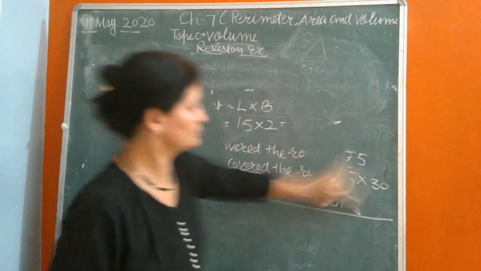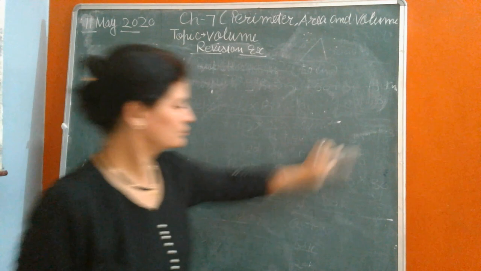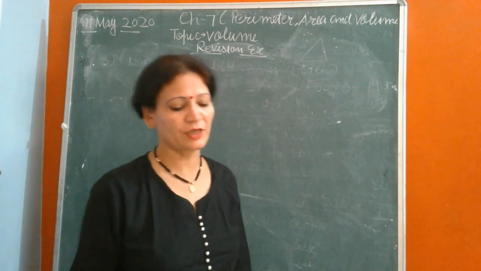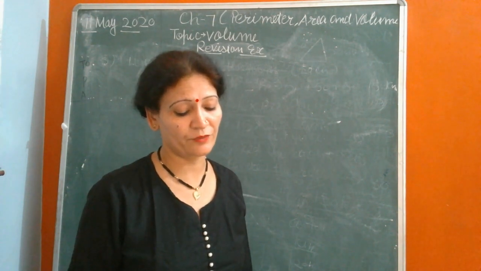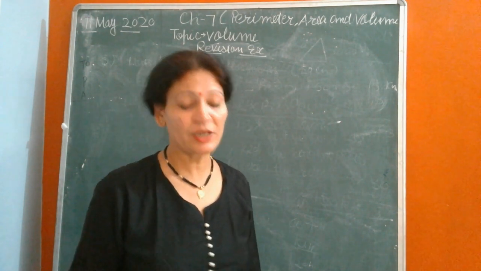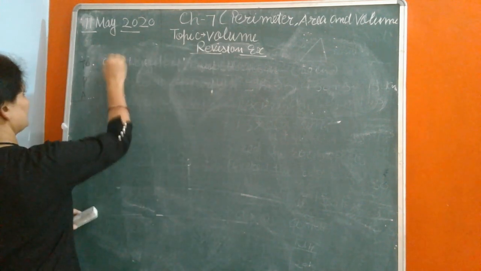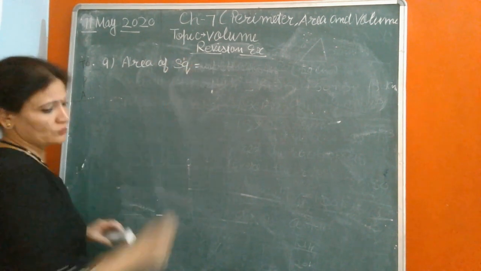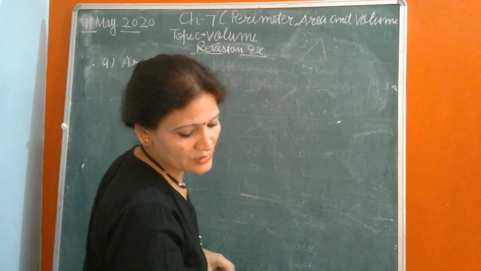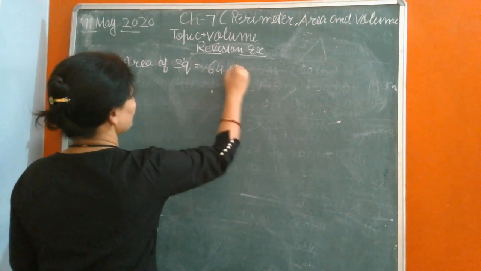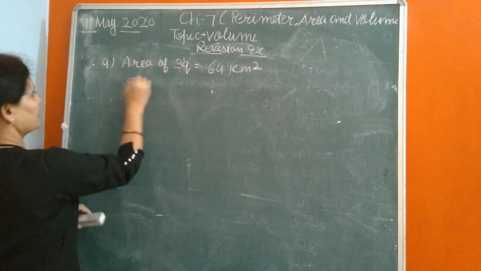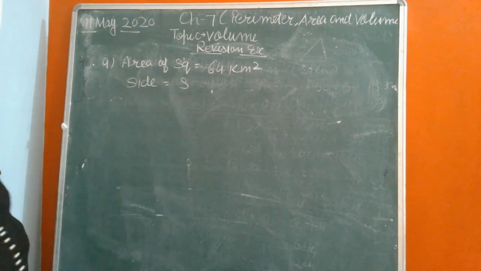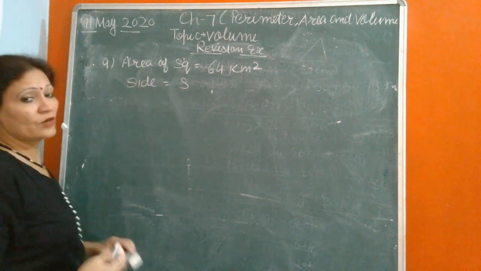Now question 9: if the area of a square is 64 square centimeter, find the measure of its side. Area of the square is given as 64 square centimeter. We will find the side, so we have taken it as A. What is the formula for the area of a square?